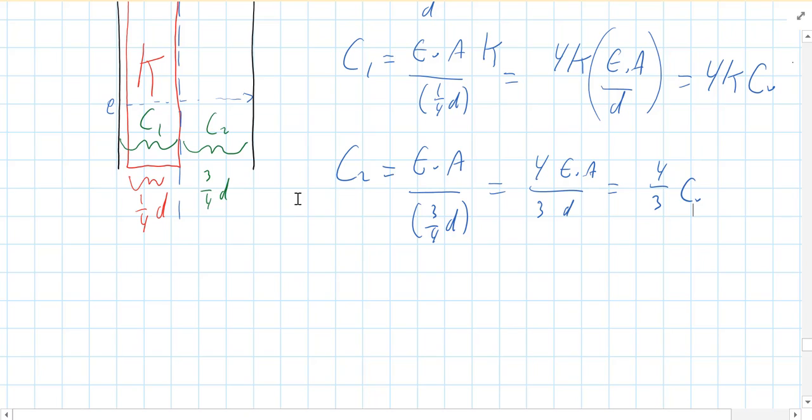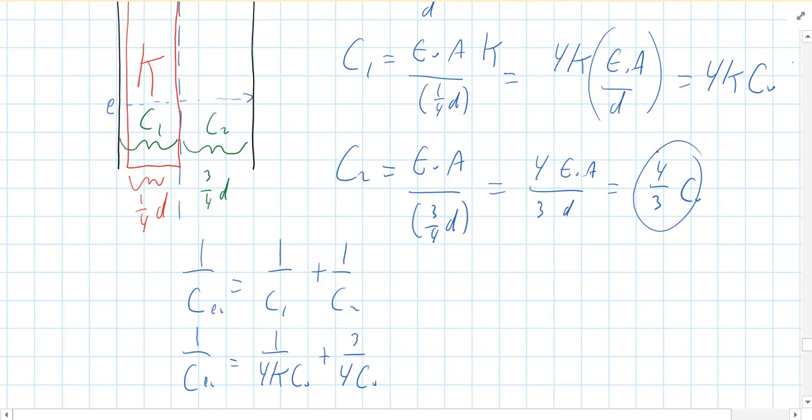Now, to figure out the total capacitance, the equivalent capacitance, I do the 1 over thing. So 1 over CEQ is 1 over C1 plus 1 over C2. So now we're just doing some math here. 1 over CEQ is 1 over C1, which would be 1 over 4κ C naught, plus 1 over C2, which would be 3 over 4 C naught.